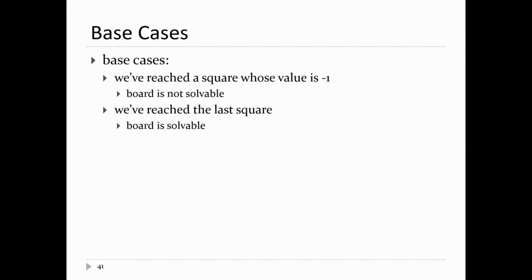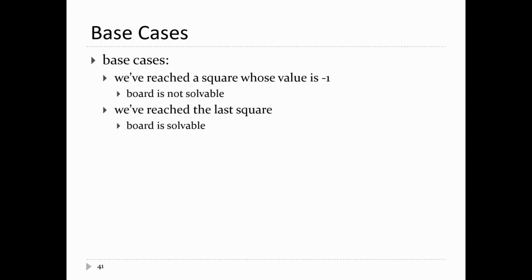Remember what a base case is in a recursive method. It's a case where you know what the answer is to the problem that you're trying to solve. For a method that returns true or false, there's almost certainly at least two base cases. There's one that corresponds to true, there's one that corresponds to false. So how do you know that the answer is false?